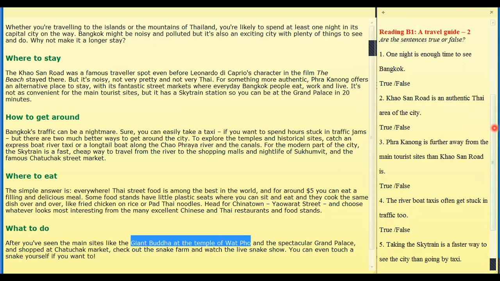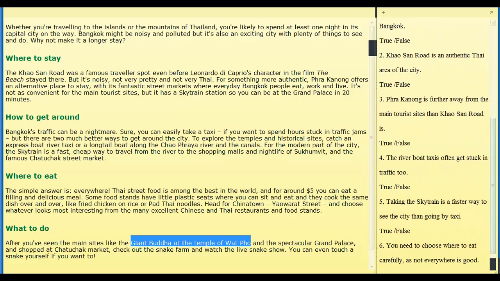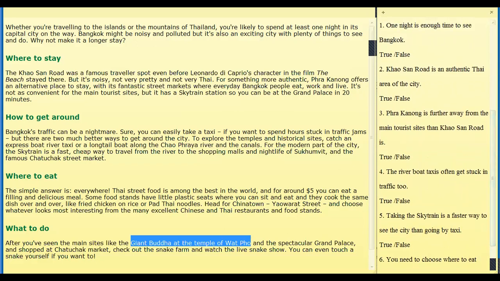You have to identify whether the statement is true or false. So now you could read question 1 to 6 and try to answer question 1 to 6, whether the statement is true or false. And I will give you the link so that you can do it in the link. It could be better if you do it in the link instead of trying to watch the video here.